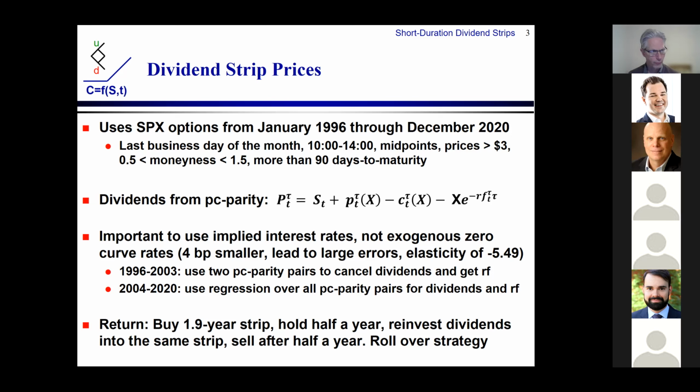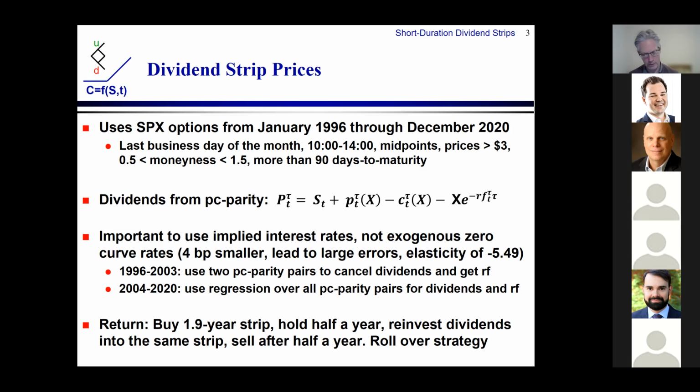So at the 1.4 year point, we are selling the security that constitutes one return over this half a year. And we repurchase a new security that again has a 1.9 year horizon. Okay? So we are rolling over the strategy over and over.